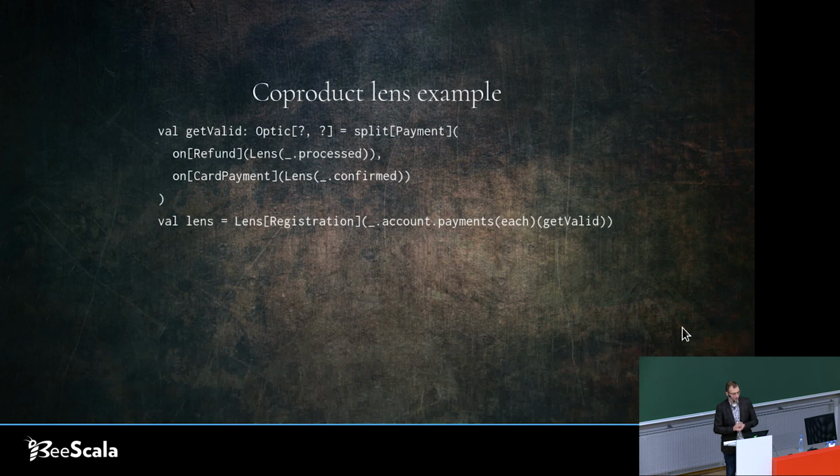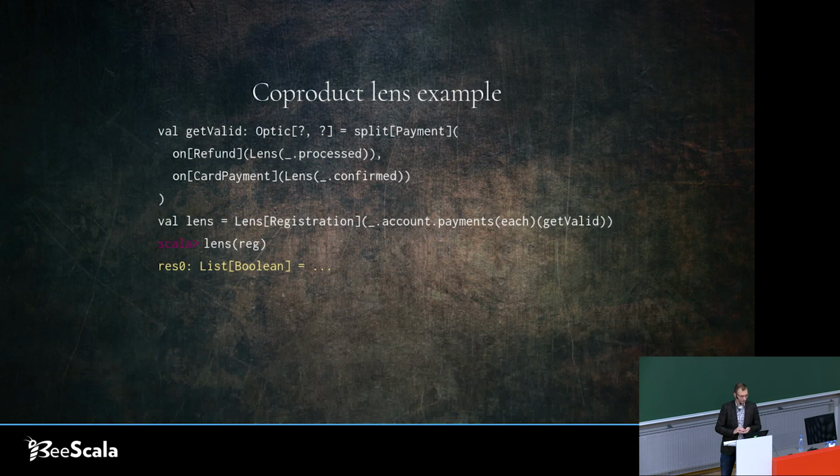And we could potentially apply it like this. Going from our registration, getting the account, getting the payments, operating on each payment, and then to get past that sealed trait. Remember, the sealed trait itself had no methods. We can't call anything on the sealed trait. We apply the splitter optic to focus our lens on the appropriate Boolean value, which is either processed or confirmed.